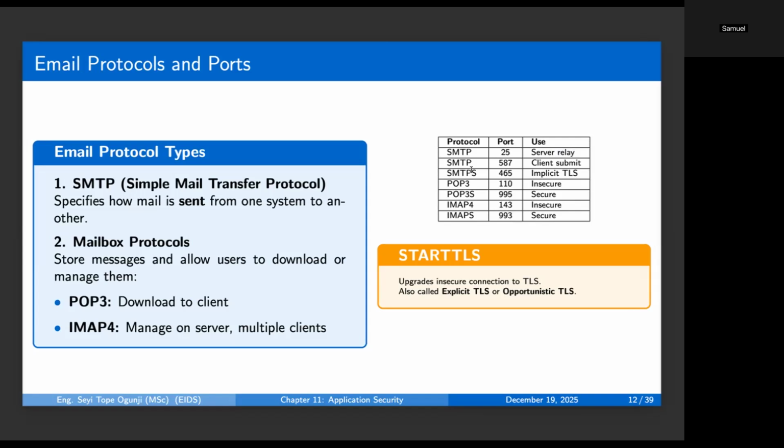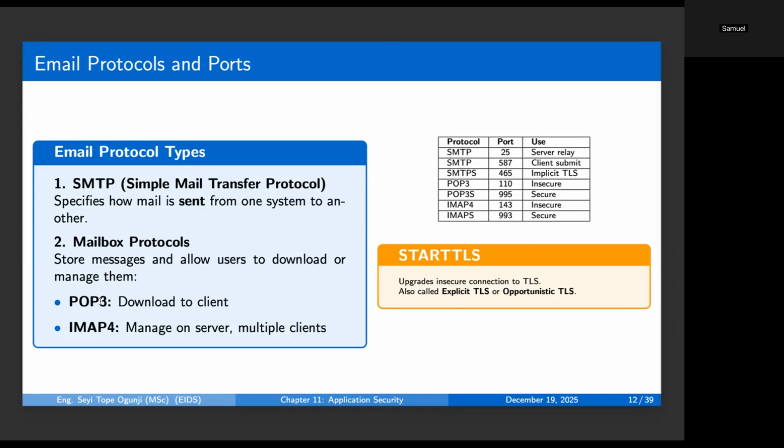The second one is the mailbox protocols. This one handles the receiving of the sent email. Here we have POP3. POP means Post Office Protocol version 3. What this does is download emails to your computer.